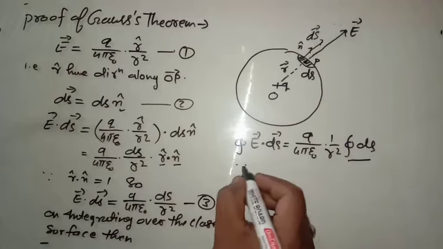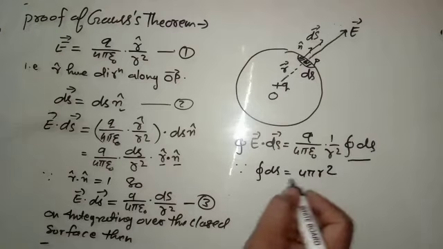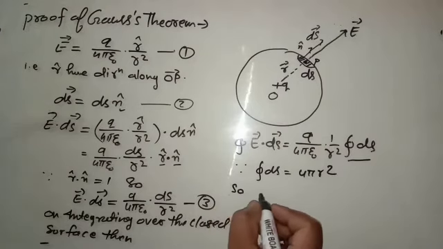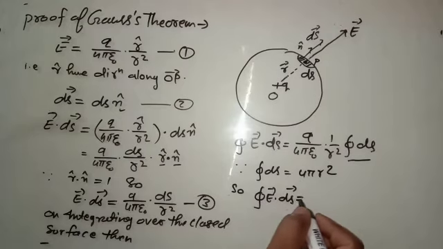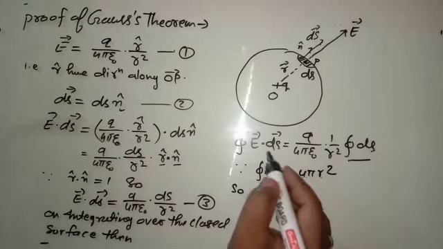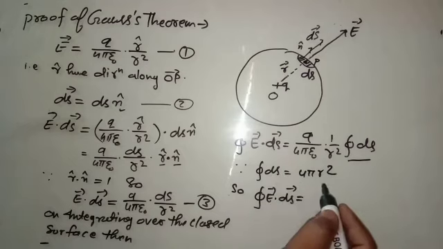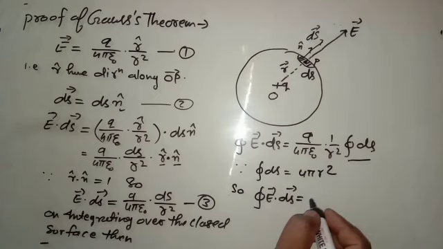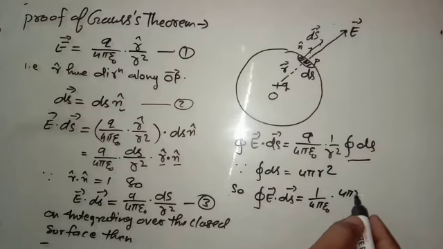In that case, since the closed integral of ds is equal to 4 pi r square, the closed integral of vector E dot vector ds is equal to, here we can put the integration of the closed surface in this relation, 1 upon 4 pi epsilon naught into 4 pi r square upon r square.